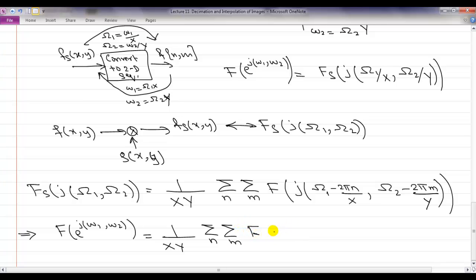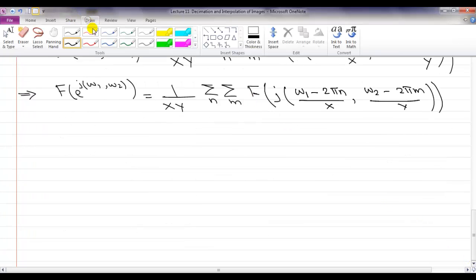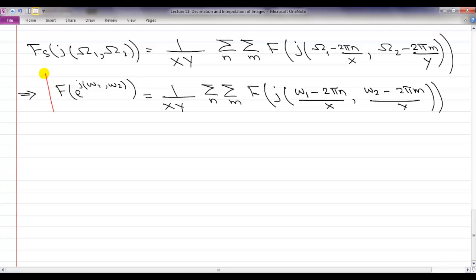And now if I plug in Ω1 equal to little ω1 over X, then I get little ω1 minus 2π n, whole over X, and little ω2 minus 2π m, whole over Y. So this is the relationship which, if you think back to sampling the 1D signal, looks very similar.